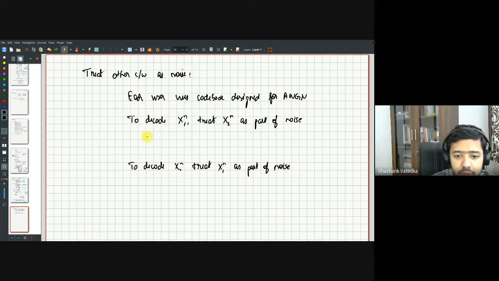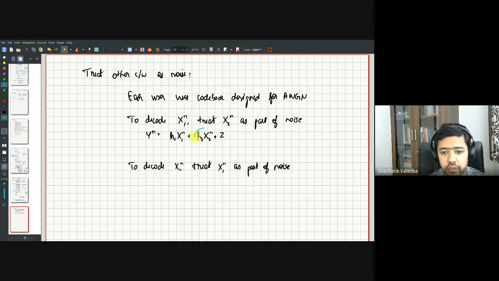Right, so basically you have Y^n equal to H1 X1 plus H2 X2 plus Z, and basically this is going to be the noise. Right? So you treat this as though it's AWGN and then try to decode X1 from Y^n. Right?